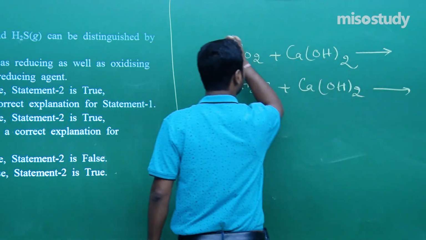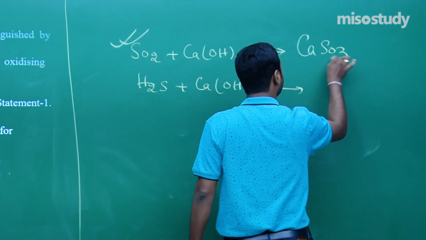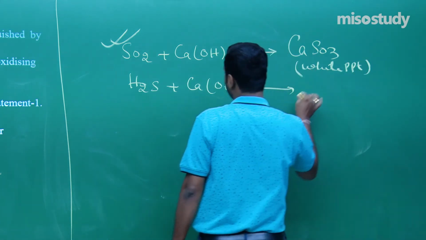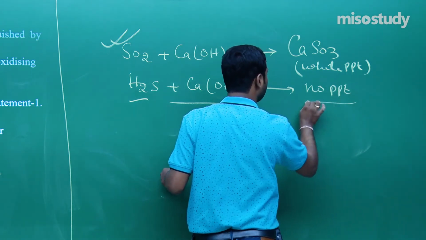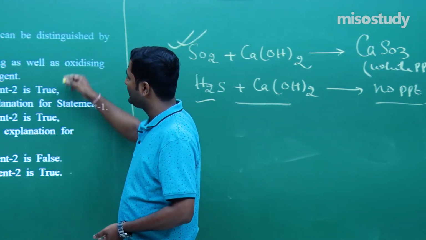If SO2 combines with lime water, it gives you CaSO3, which we know is a white precipitate. But in the case of H2S, no such precipitate forms, so no precipitate formation takes place. So we can say statement 1 is correct.